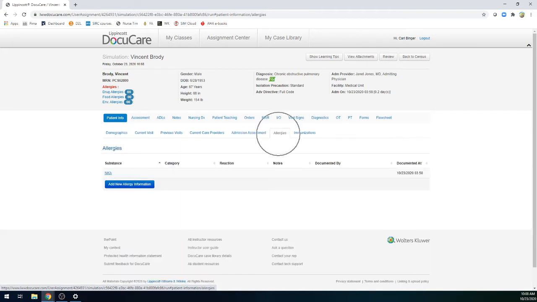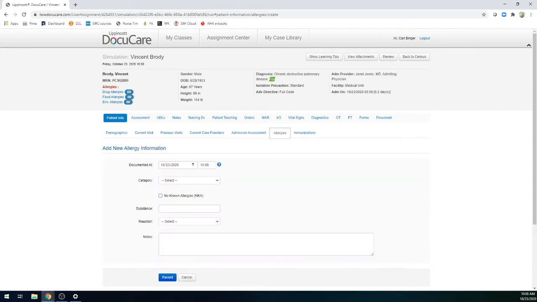Now on to allergies. This is what everybody was asking me about. Since there's nothing charted here that I see, I know I need to chart allergies. And this is the place. You see the NKA here, but if you look, there's no category or anything, hence why this is sitting empty. So go on there. Add new allergy information.